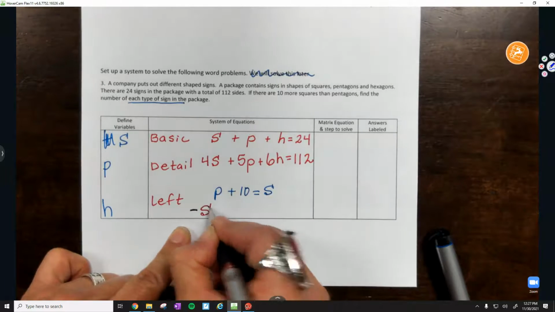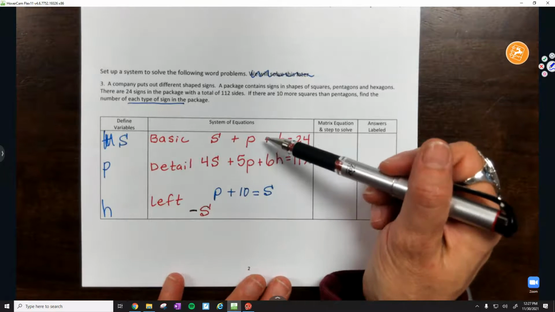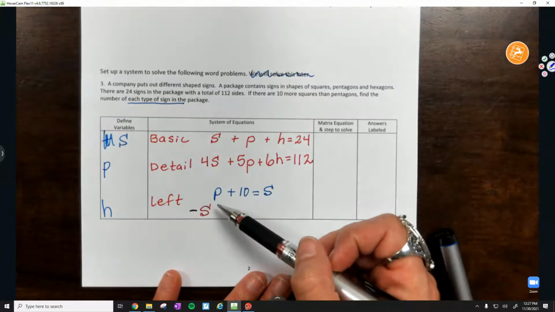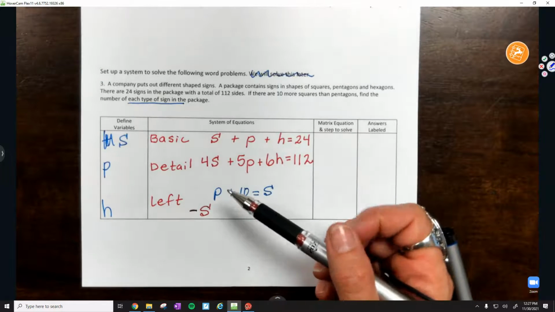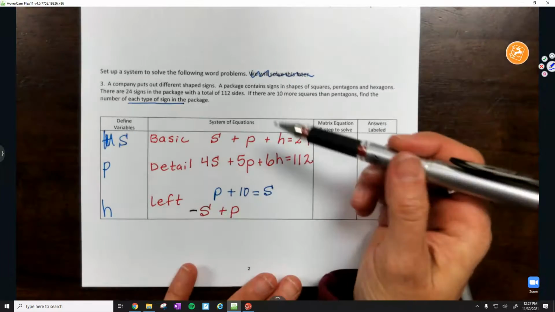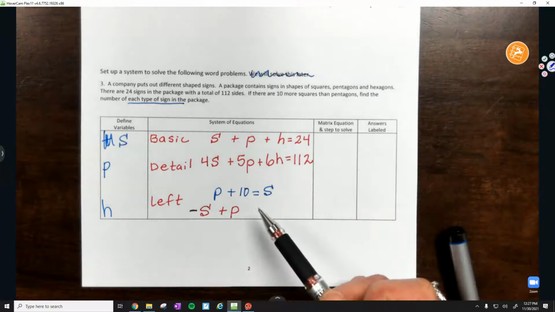Negative S. And then the next letter that happens in my basic and detail is the letter P. P's already on the right side, so all I'm going to do is just copy it. And it's positive, so write plus P. Then what's next? H. Do we have any information about H?